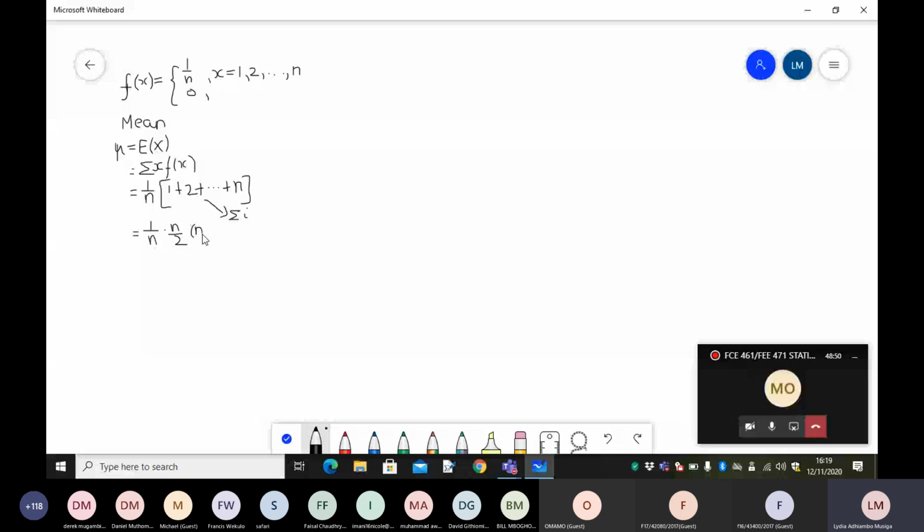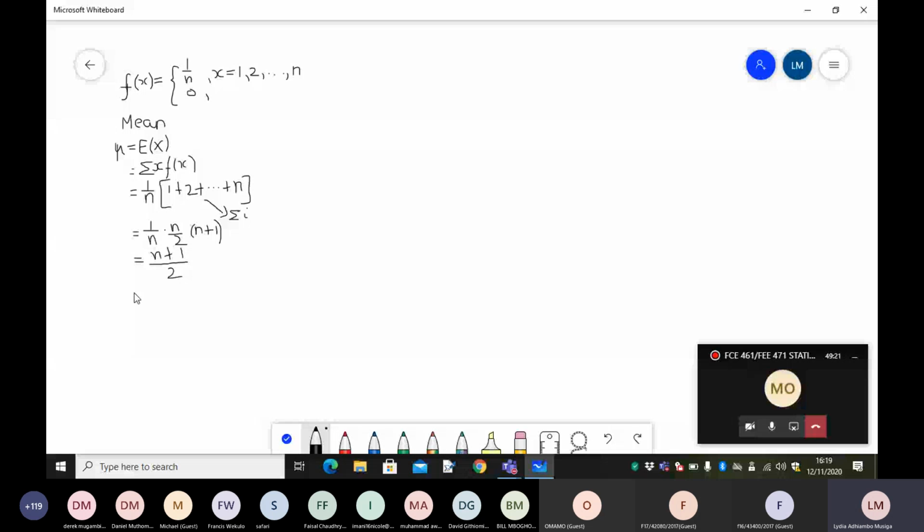So for the discrete uniform distribution, the mean is given by n plus 1 over 2, because n and n will cancel out.